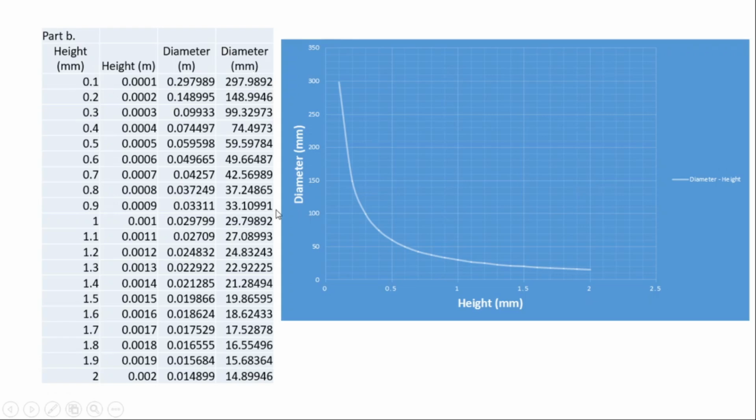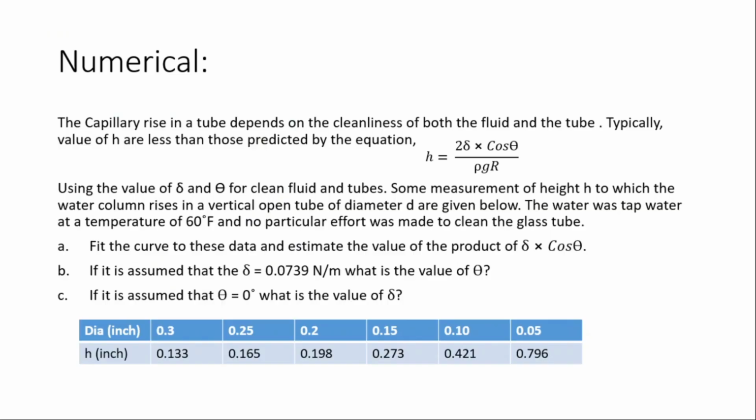Definitely I want to know the trend in mm for both height and diameter, and we come across this type of trend: if the height is reducing, the diameter of the tube is much higher, and if we are reducing the diameter, the column height is increasing and increasing, and you are getting this type of trend for different diameters and how it changes the height.